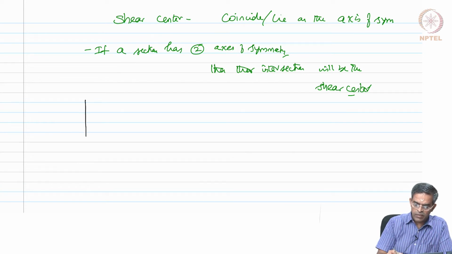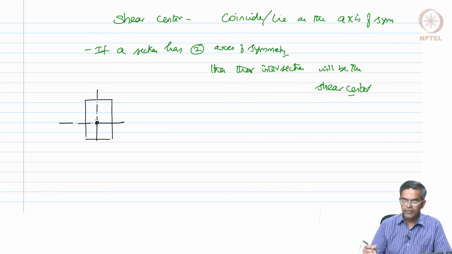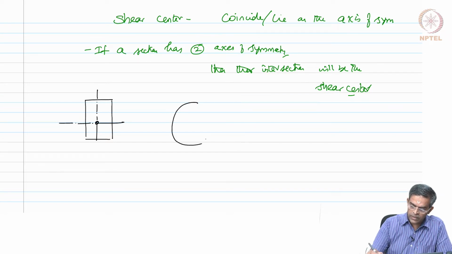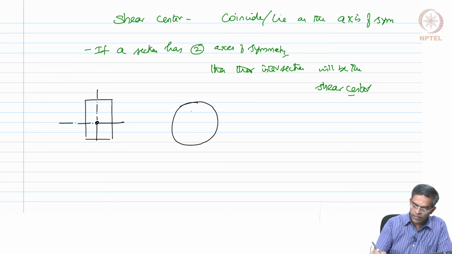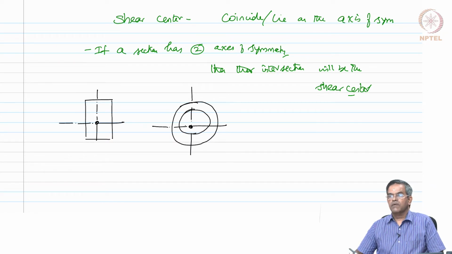Let us say a rectangular section where there are two axes of symmetry. So, this becomes my shear center. A tubular section, which is commonly used in marine structures, where there are at least two axes of symmetry, that becomes the shear center.